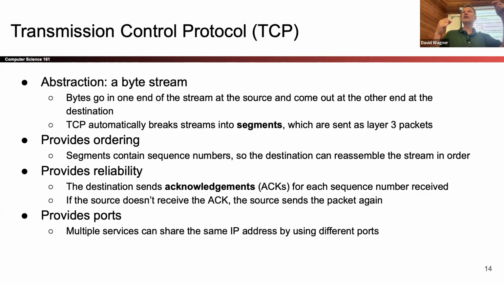TCP ensures that the ordering is preserved. So if packets get reordered, TCP will bring it back to the correct order. TCP ensures reliability, making sure that the data will get there. It keeps trying until it does. And TCP also enables you to run multiple software applications on the same machine. You've only got one IP address for your machine, so those software applications are identified by port numbers.